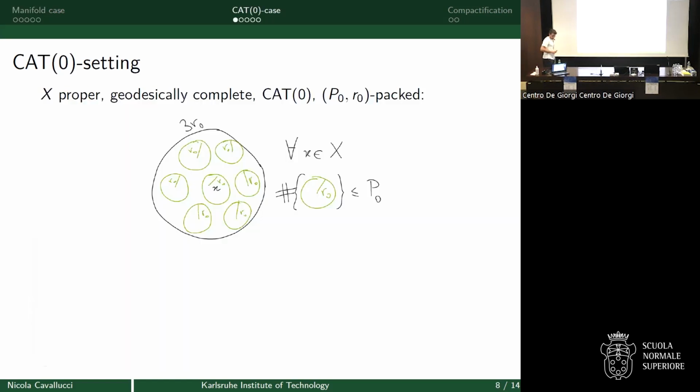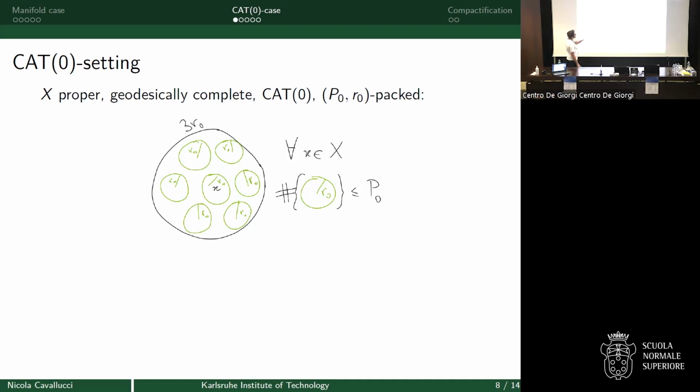Now, what can we say in the K0 setting? I start with a proper geodesically complete K0 space. I'm not recalling what a K0 space is, but it's a replacement of an upper bound by 0 of the curvature. Geodesically complete means that every geodesic segment can be extended to a geodesic line. So it's natural for complete manifolds.